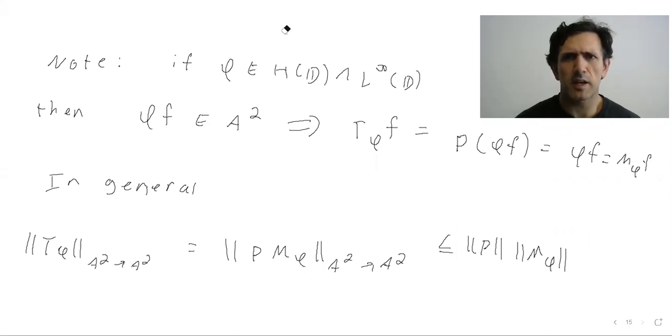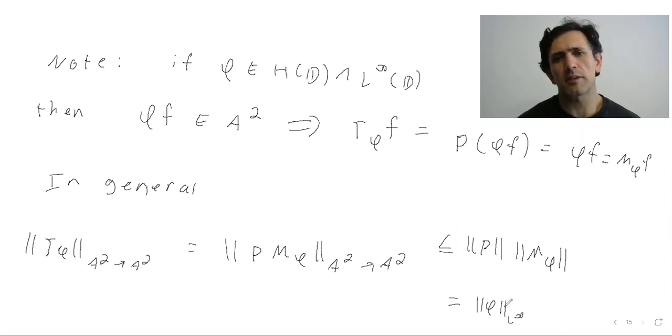And by exactly the same argument we had before, this is equal to 1, and this is equal to the L infinity norm of phi. So this is certainly bounded, because it's the composition of two bounded linear maps. And we have the following inequality.